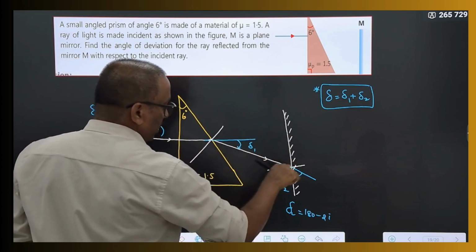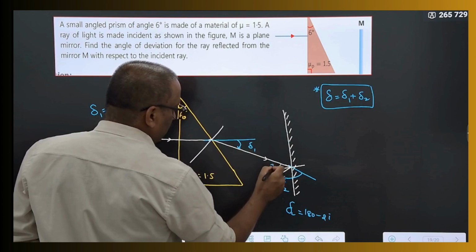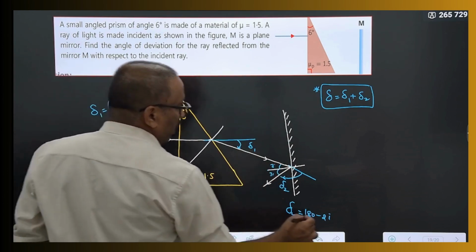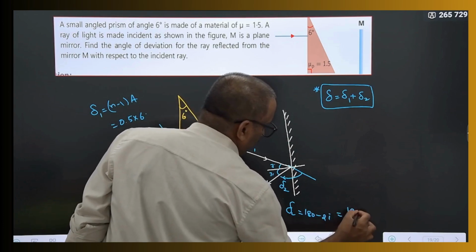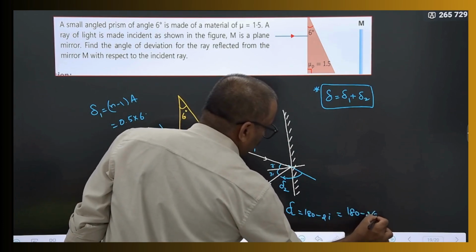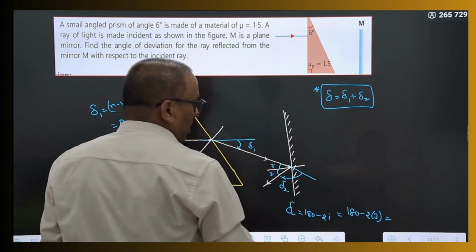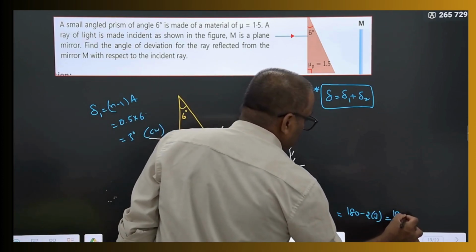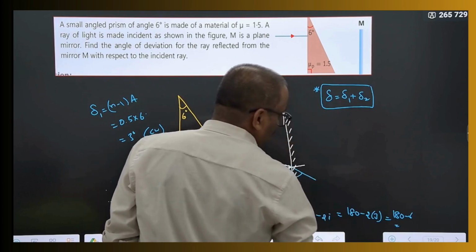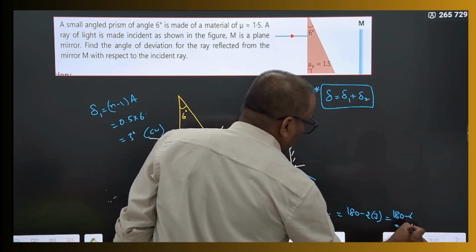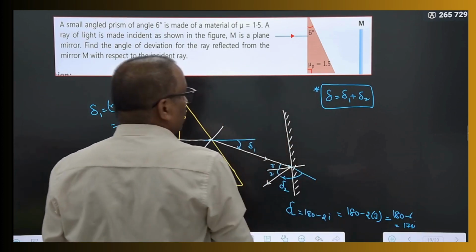It should be 3. Therefore, this is also compulsorily 3 degree. So, here what you will get? 180 minus 2 into 3 degree. Therefore, 180 minus 6, therefore 174 degree clockwise.